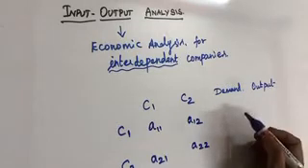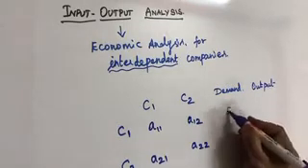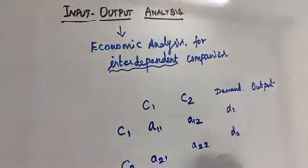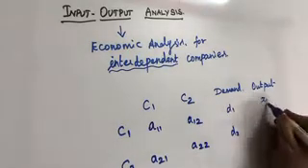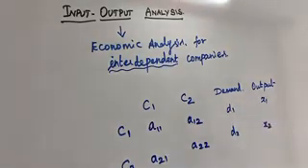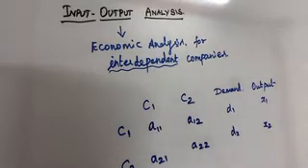I use D1 and D2 for the demands and X1 and X2 for the output. Now we are going to learn another important condition to make this input-output analysis simple.